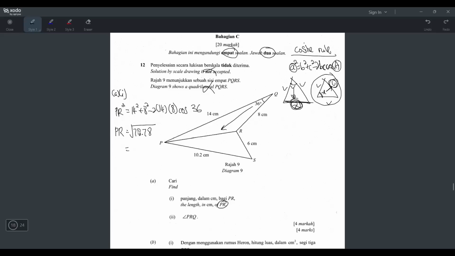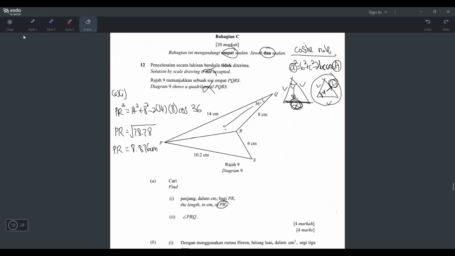So I will only write 4 significant figures, but when I square root, I use the answer button. If you use the answer button, it will be more accurate. So the answer that comes out is 8.876. Actually, it's 875, but the next digit is 8, so I plus 1. So write 8.876 cm. And make sure you label here also, because later you might need this for the next question.